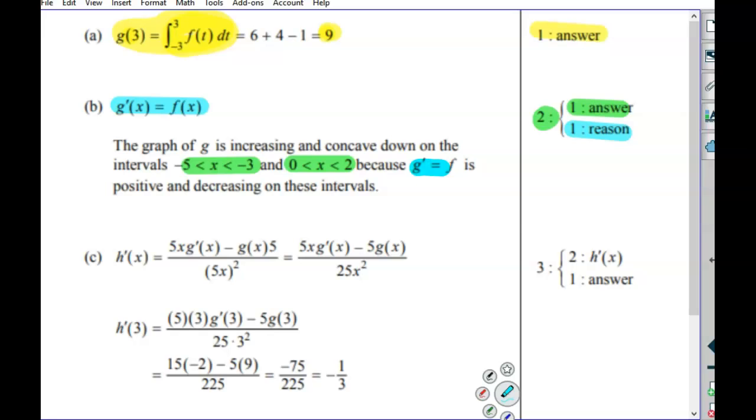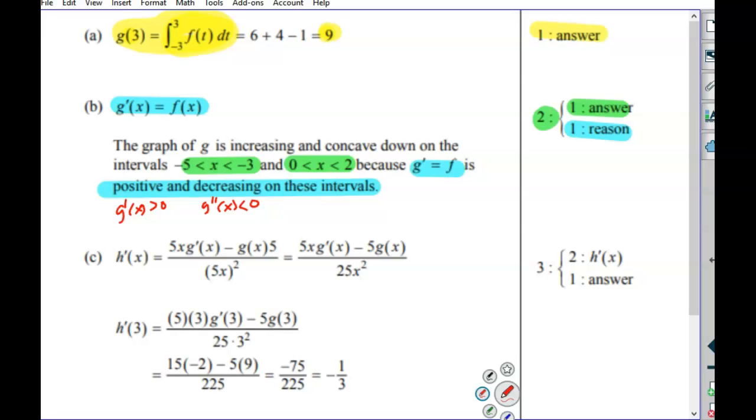But then here's the rest of the connection. Since G prime is equal to F, it's positive and decreasing on these intervals. That's the same thing as what we just said. G prime of X is greater than 0, and G double prime of X is less than 0. So those are equivalent explanations.